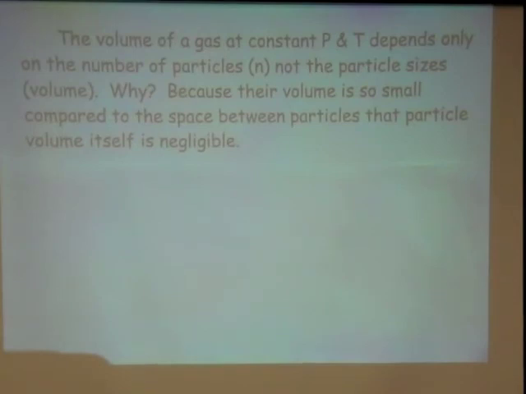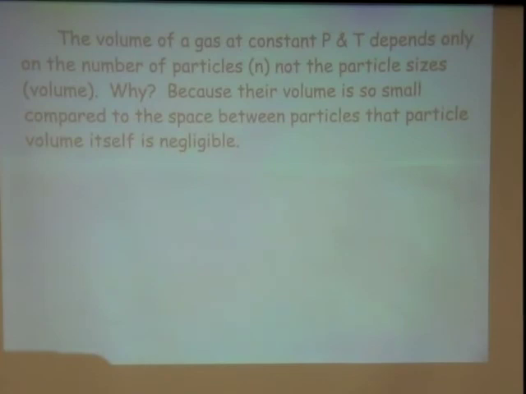So we don't ever think about large gas molecules versus small gas molecules actually occupying part of the room of the total volume. I'm saying this because we're going to have problems in the future where you're going to try to do that, and I'm just trying to lay the neural network of this more than anything. Because their volume is so small compared to the space between particles, particle volume itself is negligible.